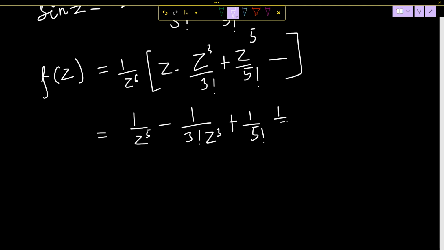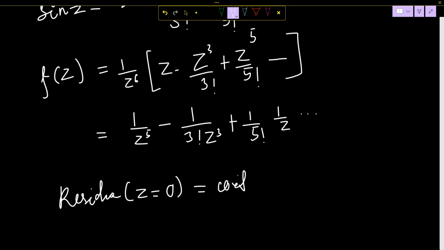See one thing here, how to calculate the residue. The residue at z equal to 0 will be how much? In this type of case, the residue is the coefficient of 1 by z.